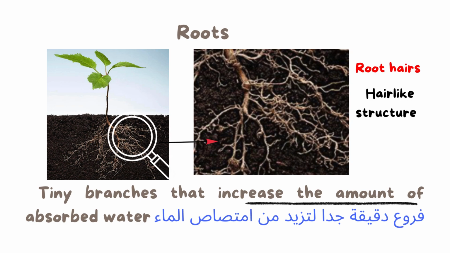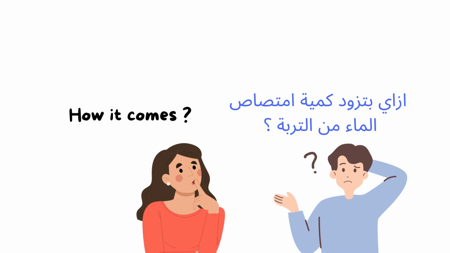They have a hair-like structure, so they are very tiny, okay? So here we saw root hairs, which are a hair-like structure, okay? They are very tiny branches that increase the amount of absorbed water.